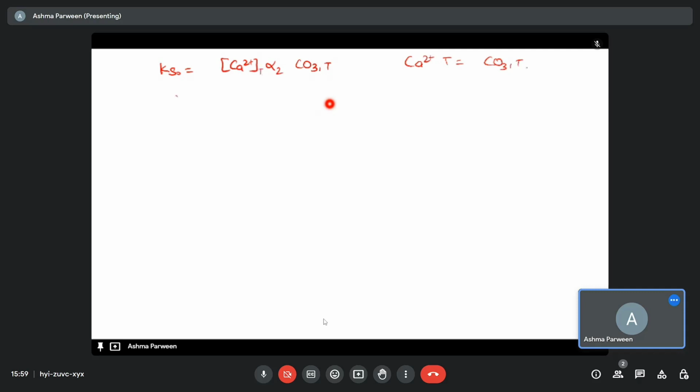So Ca2+ squared equals Ks naught by alpha 2, or Ca2+ is the square root of Ks naught by alpha 2. After solving this, using the value of alpha 2 from the previous formula, we find the dissolved calcium as 6.69 into 10 raised to power minus 5 M. So I think this was the first question.